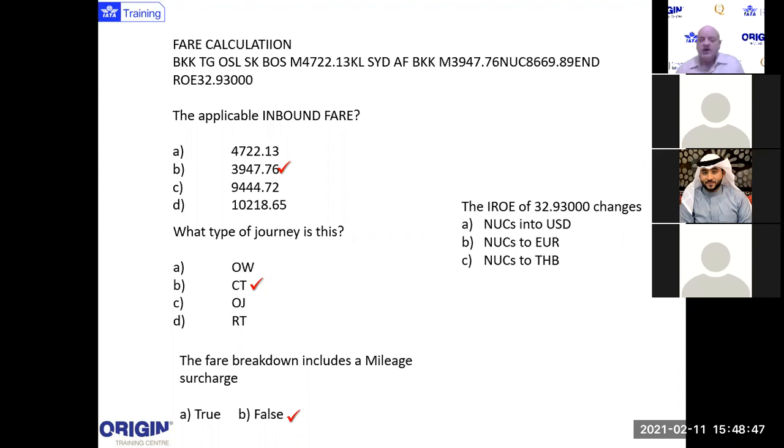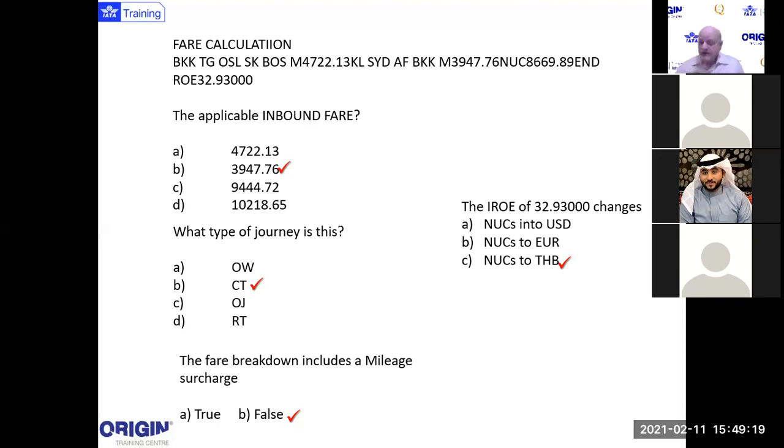Okay, which country does the journey start? Thailand. NUCs are always converted into the currency of the country of commencement. So if we start in Thailand, that NUC amount is going to be converted into Thai money, Thai baht.